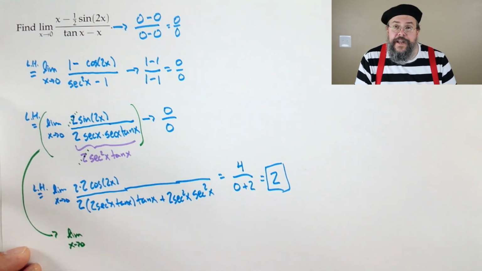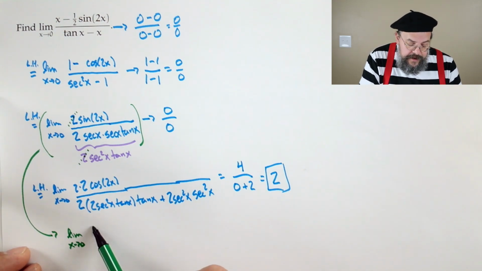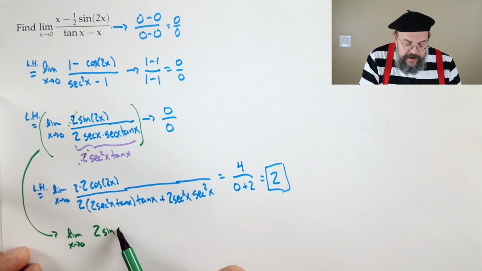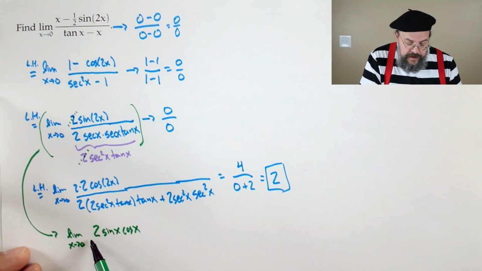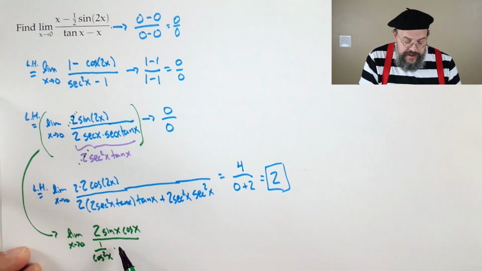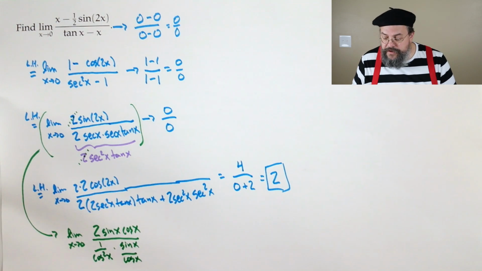What's another way to write sine of 2x? Well, you can write sine of 2x as 2 sine of x cosine of x. That's the double angle formula. Now, what do we have downstairs? We have that secant squared, that's 1 over cosine squared x. Then you have tangent. What's tangent? Tangent is sine over cosine. Do you see what you can do?